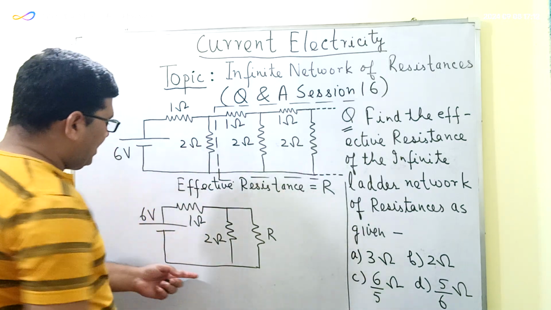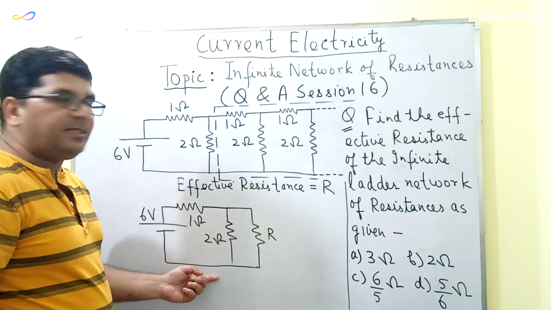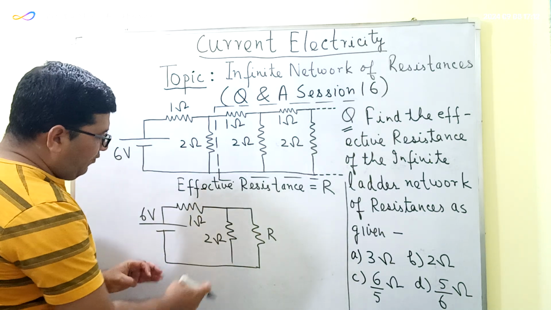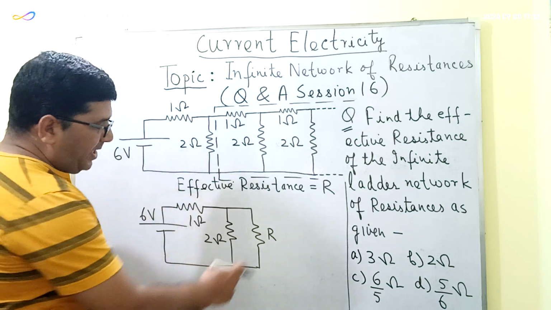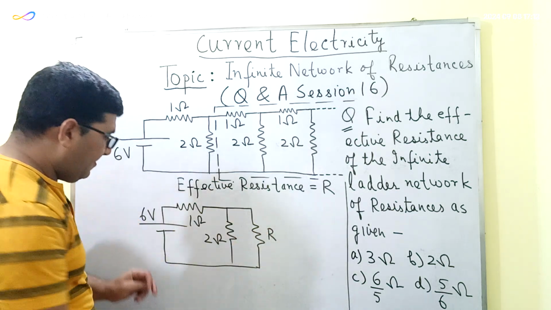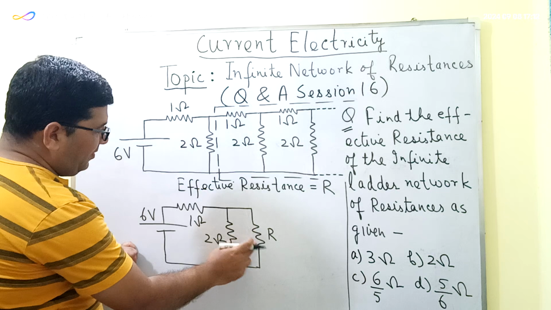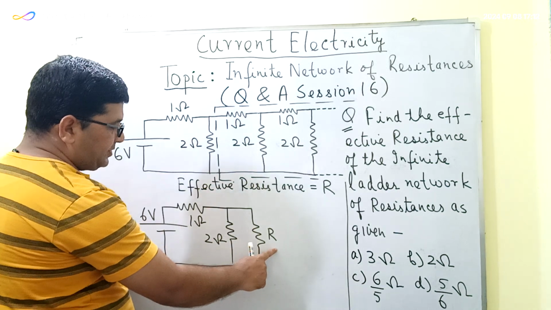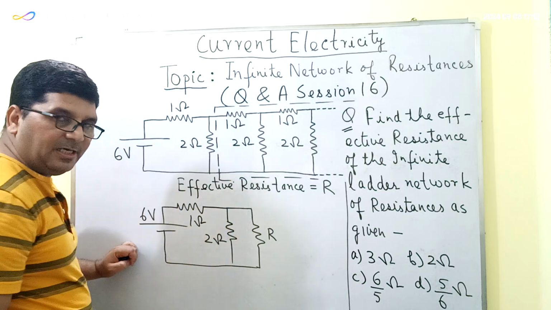So now this is the equivalent circuit, and we are in a position to find the value of R. So this 2 ohm resistor and this resistor R are in parallel.